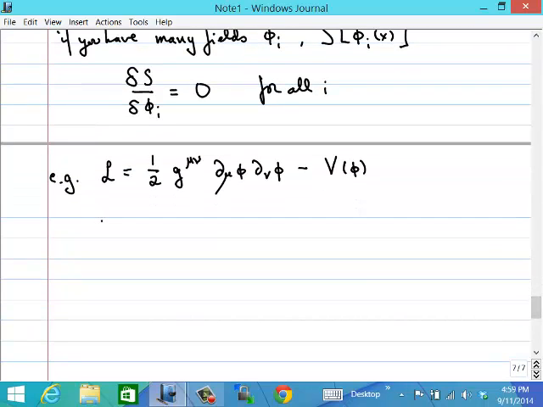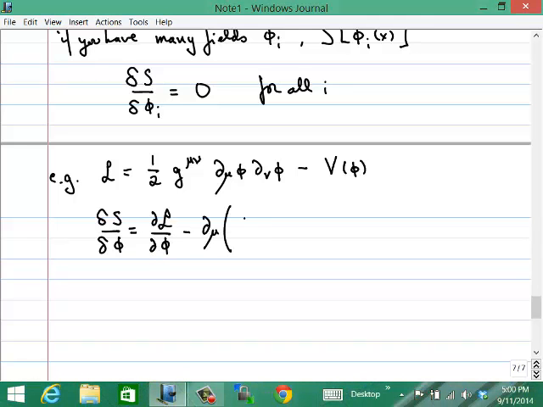And then what's the equation of motion? So this is the derivative of the action with respect to φ minus the derivative of the action with respect to ∂φ. Just to make everything a little clearer, I won't repeat my indices here. So what is this Euler-Lagrange equation?